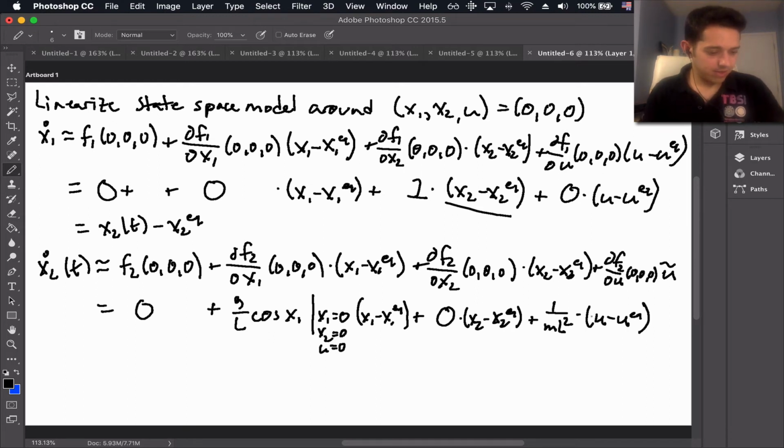Okay, very good. So now if I clean all this up, let's focus on evaluating cosine x1 at x1 equals 0. The cosine of 0 is just 1. So in the end, what we're going to get is g over L times x1 tilde plus 1 over ml squared u tilde.